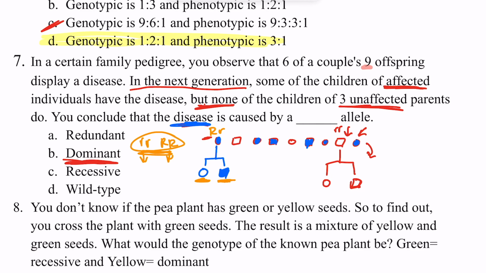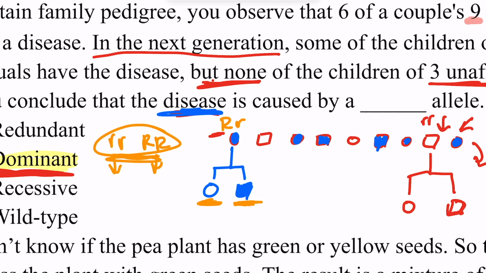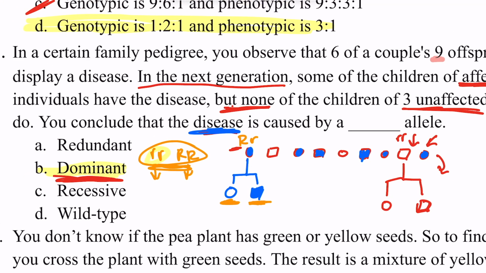Hopefully that made a little bit of sense. For these pedigree type things, you really just need to do puzzle solving. So just switch out alleles and see if it makes sense, right? When we put the recessive allele on the affected, it didn't make any sense.